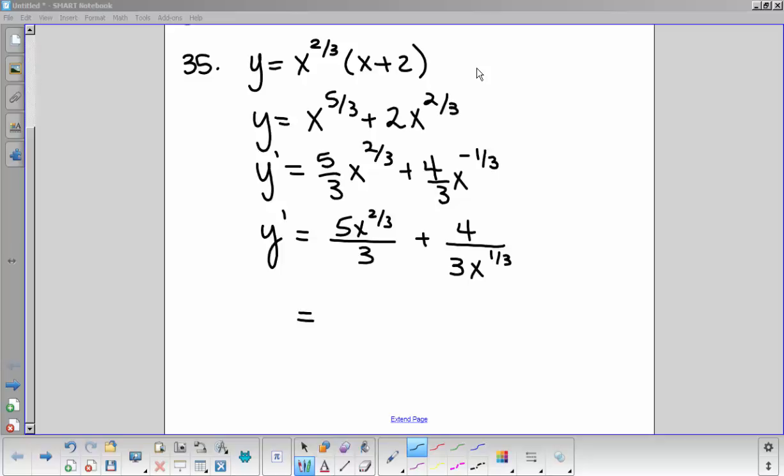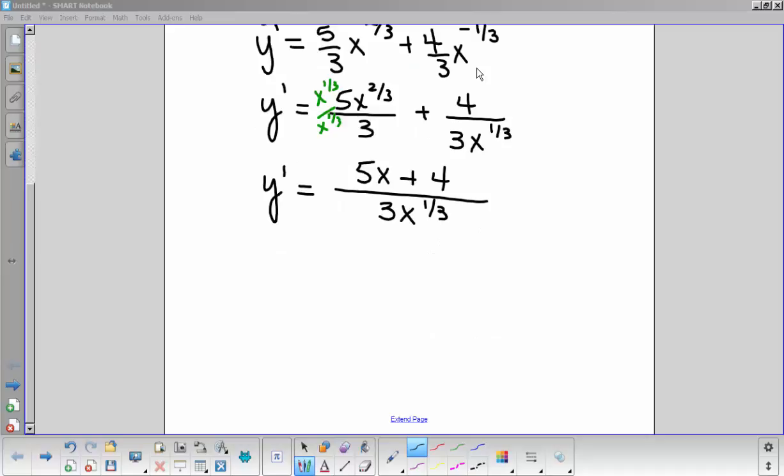So this one I have to multiply by x to the 1/3 over x to the 1/3. And what happens when we do that? We get 5x to the 3/3, which is 5x, plus, and this one already has both pieces of the denominator, 4. And then this is over 3x to the 1/3. Okay, so that's my derivative with a common denominator.